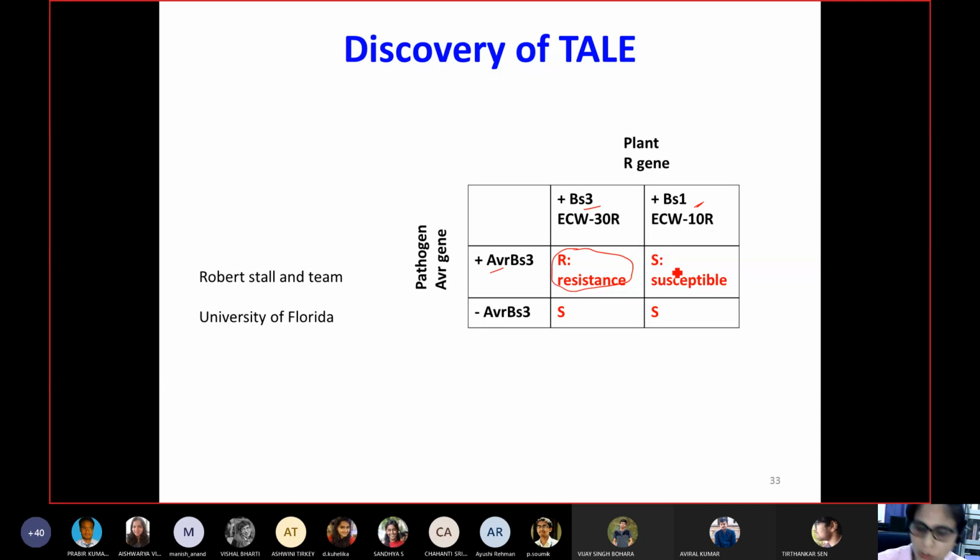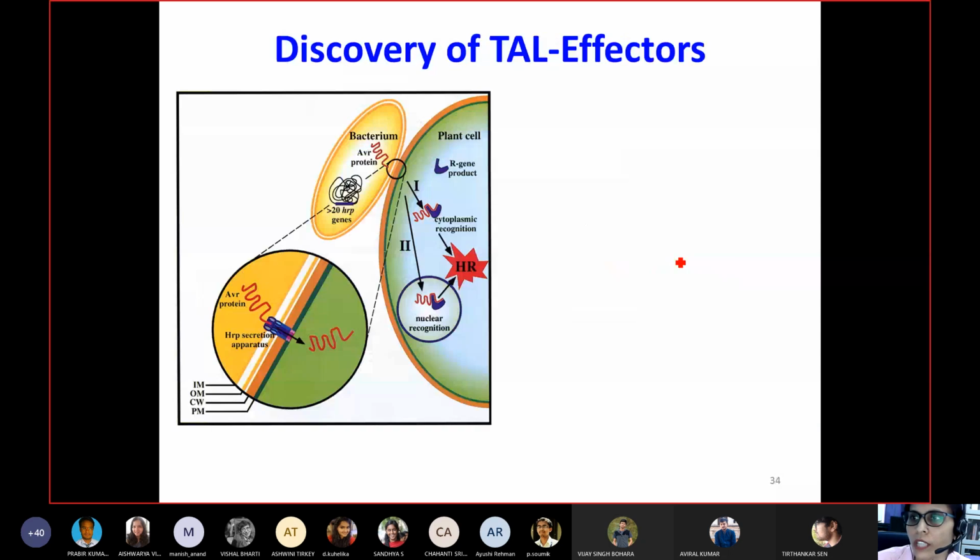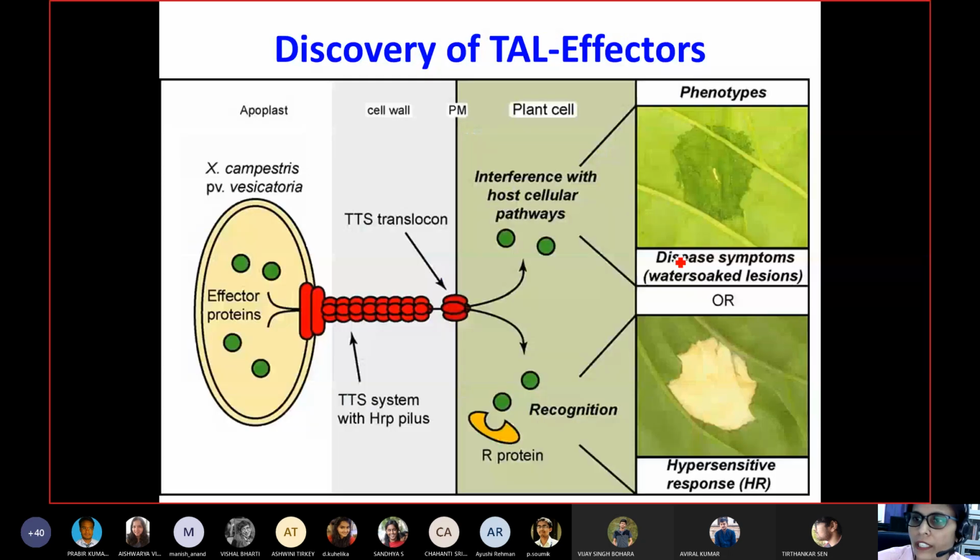This is what I have shown here: the disease symptom is a water-soaked lesion, and if it is resistant, then there is local plant cell death in the local area. Only the area where the infection takes place is totally empty, due to plant cell death.